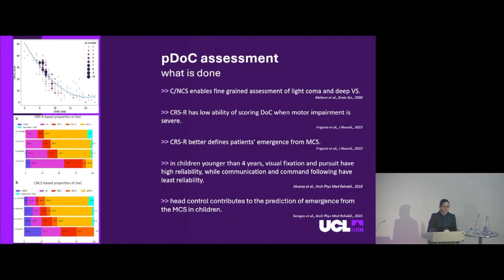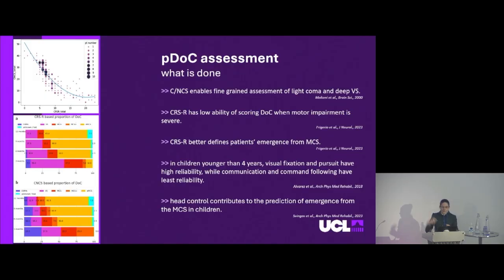One other point I would like to make is that different tools can also score patients in different levels of consciousness. If you look at the image at the bottom, we see that with one scale, a patient who is in a light coma might end up being in a vegetative state with another scale. That's also the reason why we recommend using at least two, because this gives us the possibility to really minimize the false negatives. And we don't have to fall into the trap of thinking that one scale is more optimistic or pessimistic than the other.